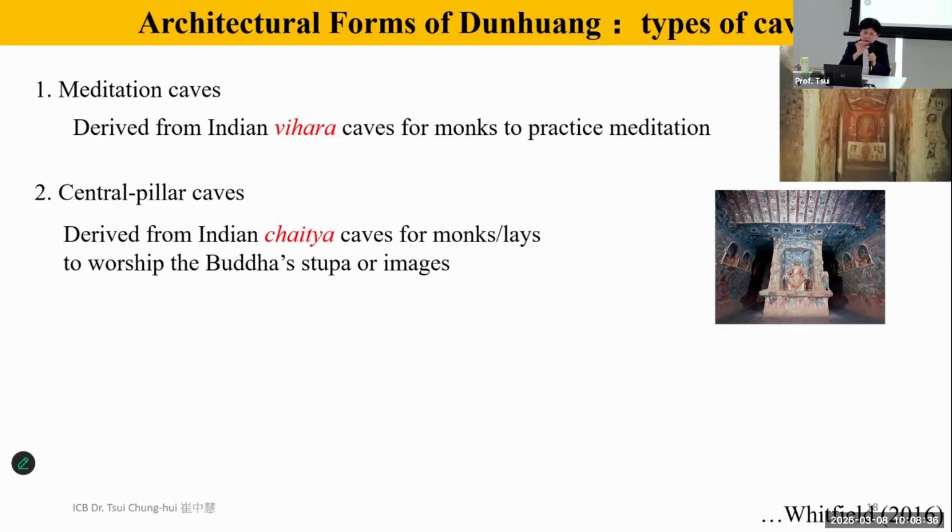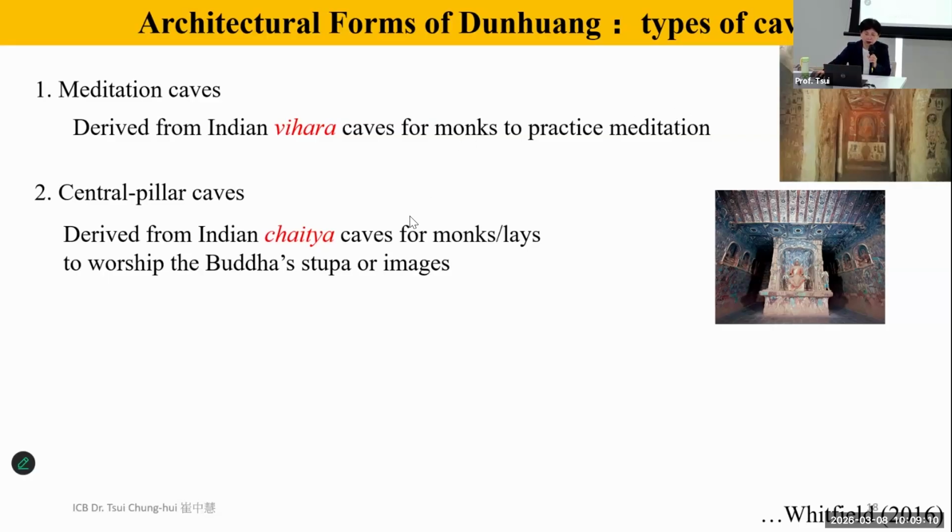So far, there is no inscription providing evidence for which cave was built by Yue Zun. But according to scholars' research in Dunhuang, there are three earliest caves made in the Northern Liang, in the early 5th century. Based on their study, one of the very early caves was designed with a meditation cell.